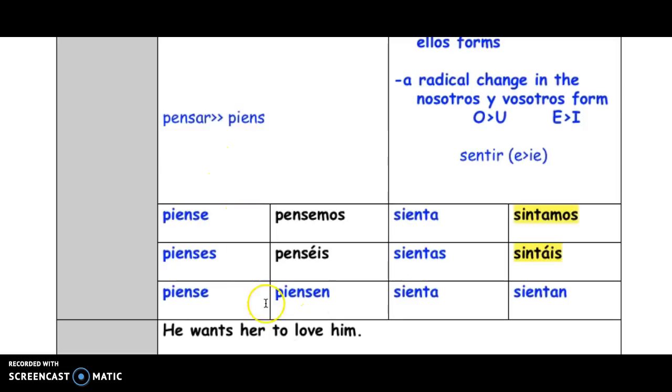And it still is that. So pienso, take off the O. Piense is your base. Opposite endings, piense, pienses, piense, piensen. There was no stem change before here. There still isn't. Pensemos, penséis.